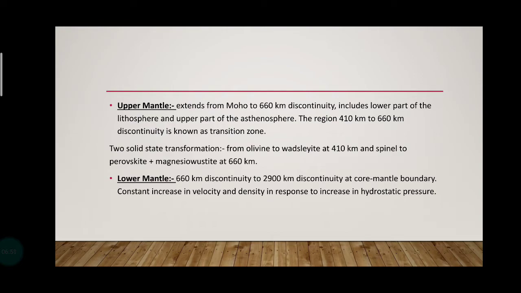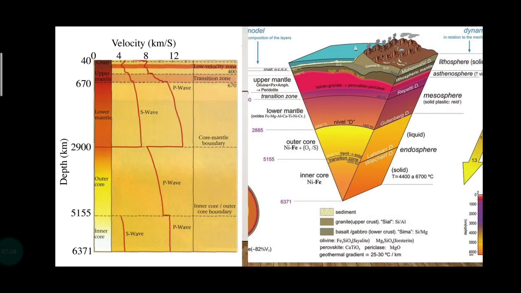Now we are going to learn about the lower mantle. It extends from 660 km to 2900 km, the discontinuity at the core mantle boundary, with a constant increase in velocity and density in response to increase in pressure. So we see a steady increase in the lower mantle. Between the lower mantle and outer core we found the Gutenberg discontinuity.